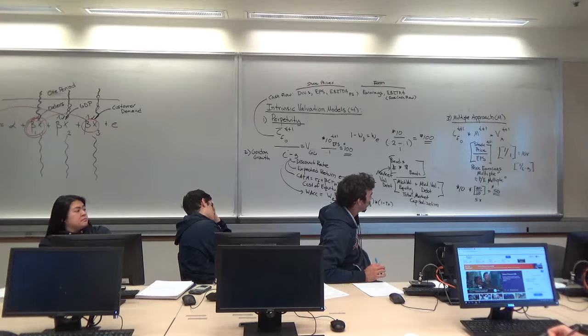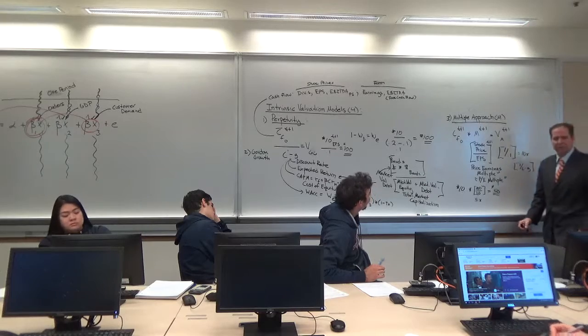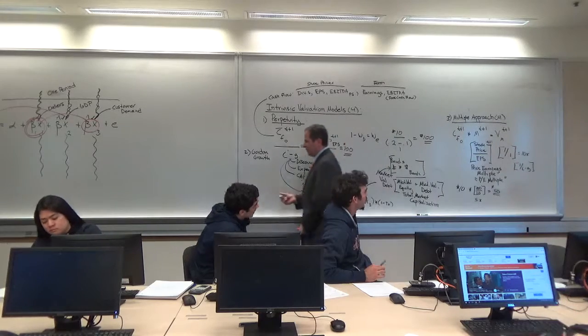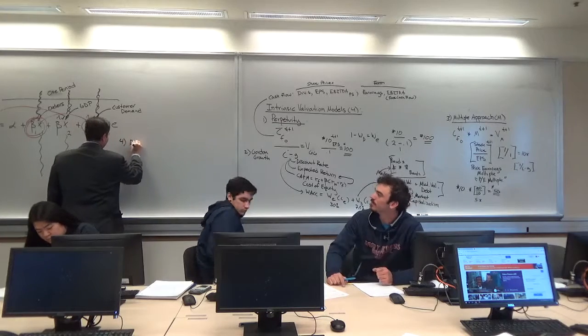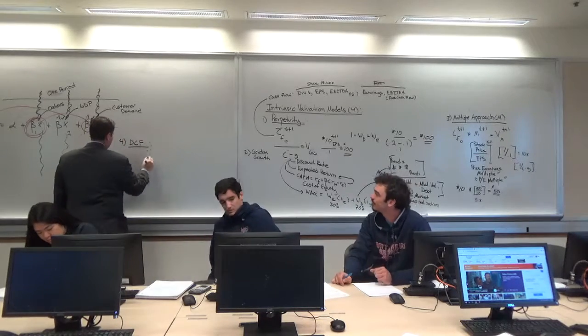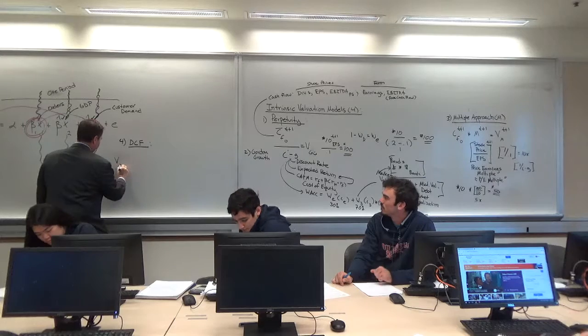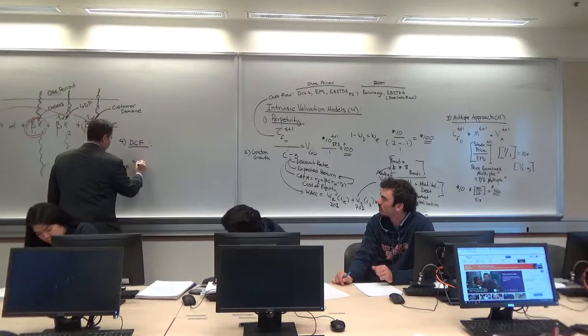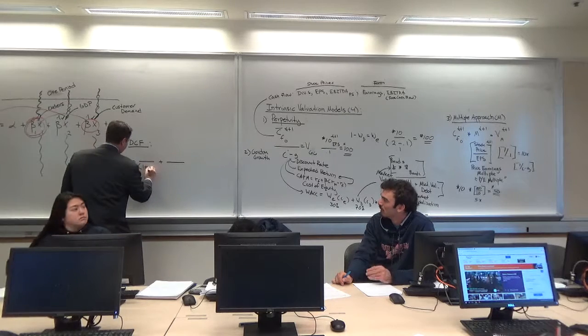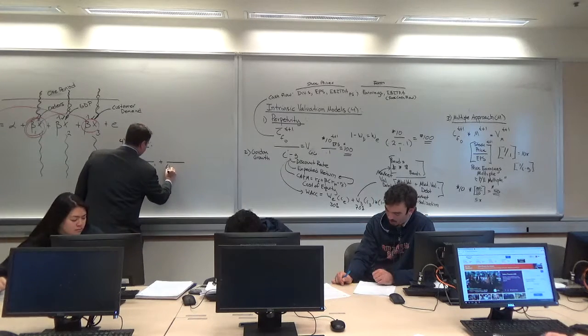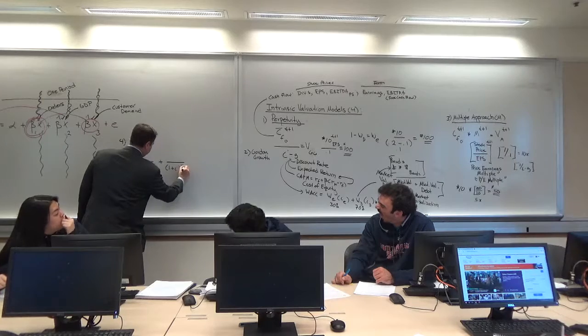The last method is the discounted cash flow method, your DCF. This is the value using DCF. I'm just going to use a 2-period time: 1 plus I to the 1, 1 plus I to the 2.